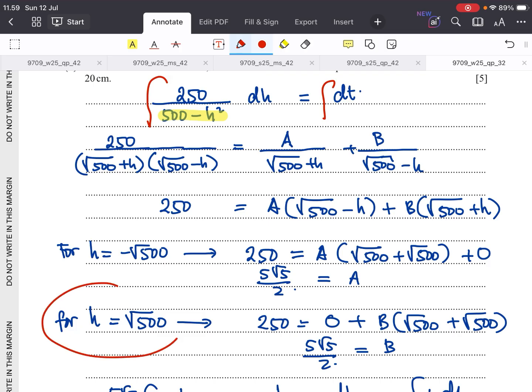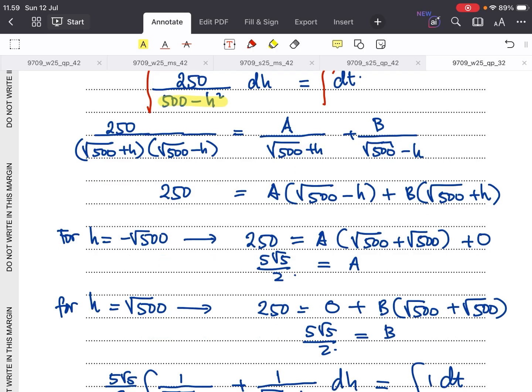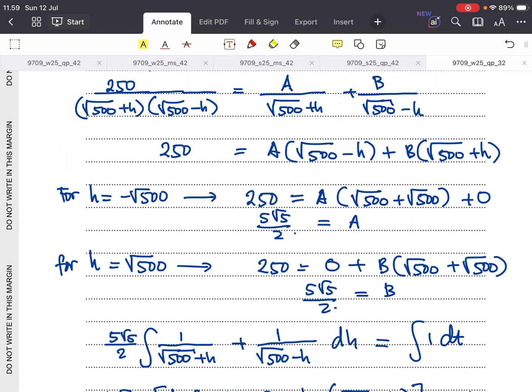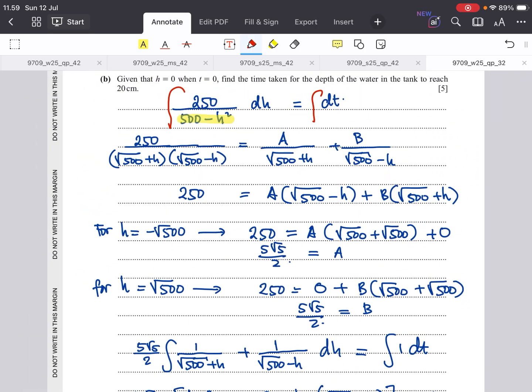While for b, we substitute the value of h with root of 500, so that this one will be 0 here. So the b will be the same value, 5 square root of 5 over 2. So now use this result, change this into partial fraction.